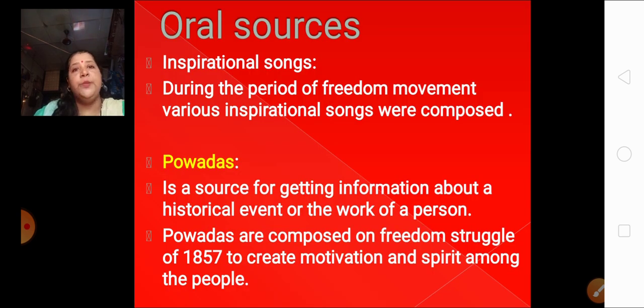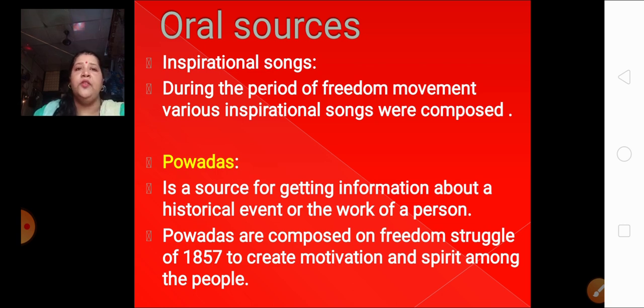For example, inspirational songs. The word itself, inspirational songs, means songs that provide inspiration. During the period of the freedom movement, various inspirational songs were composed, when the people were struggling very hard for freedom.